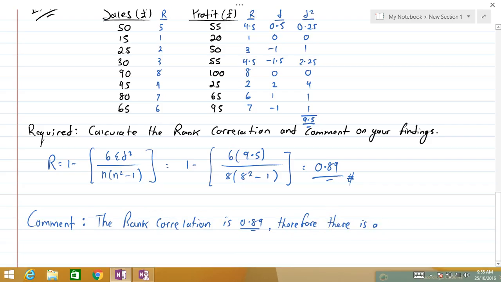Now 0.89 is a positive answer, alright? Strong positive or weak positive? Strong positive, right?